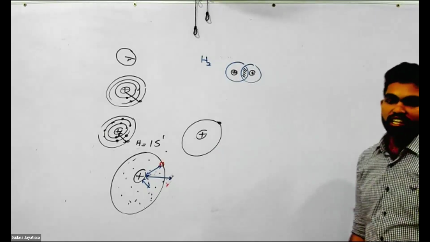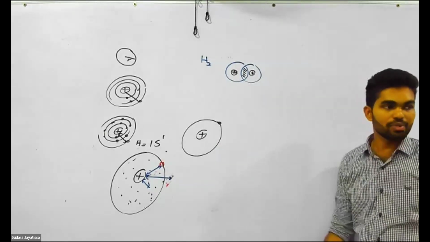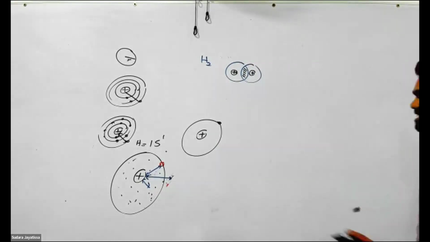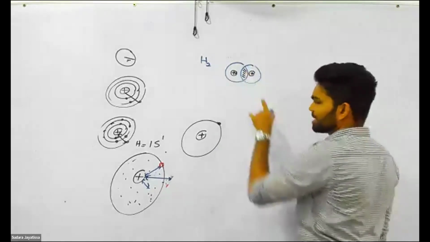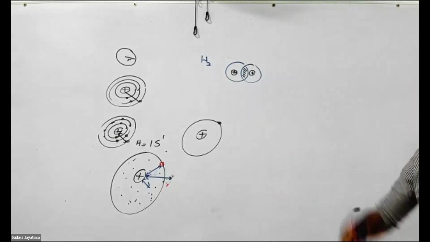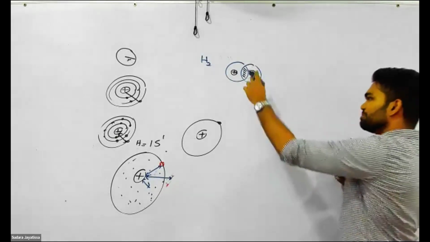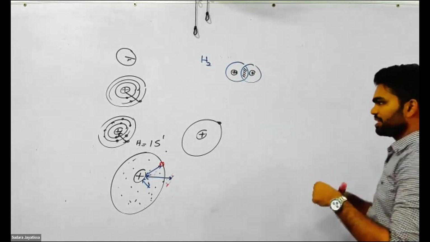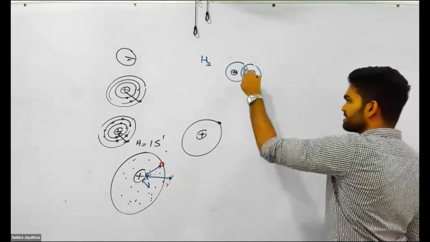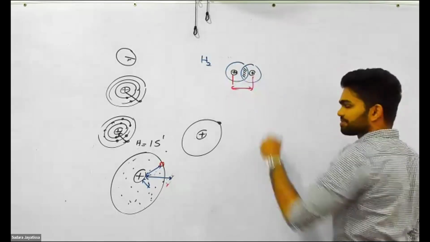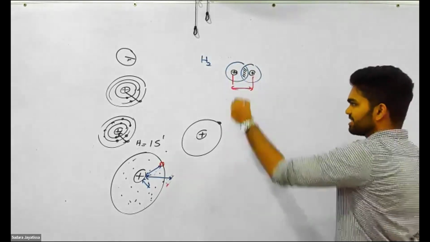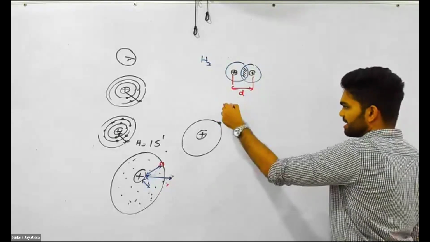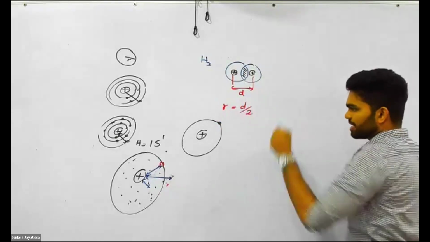If they went here and there, then the bond would be broken and there would be no H2. If H2 is there, then electrons can't say must be, but probably will be here. So what we do is we get the distance between the nuclei, let's say it is D, and to get the radius, we divide that by 2.